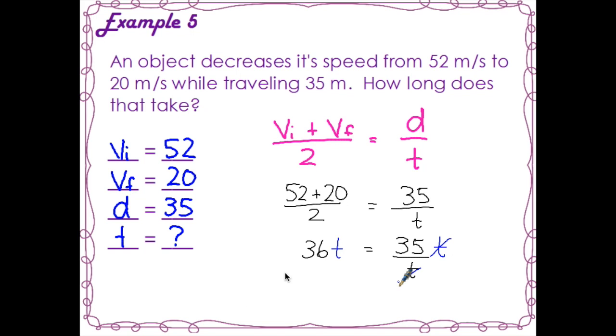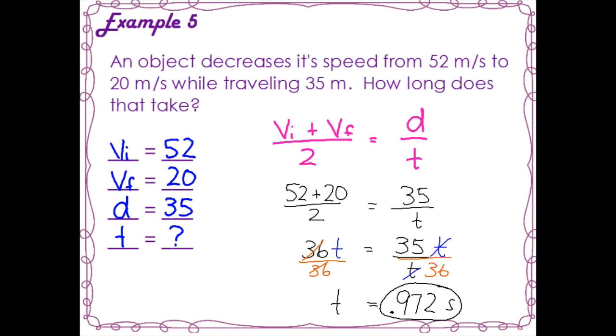So now I have 36t equals 35. If I'm going to get t by itself, I'm going to divide both sides by 36. So t is 35 divided by 36. I get a calculator, and 35 divided by 36 is 0.972. And that's a time, so it's seconds.